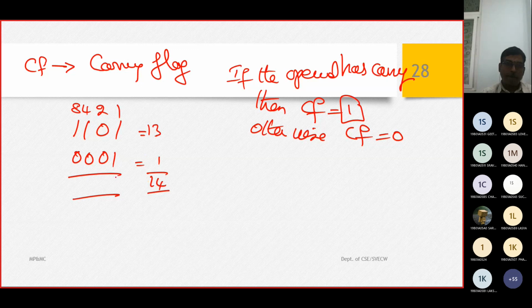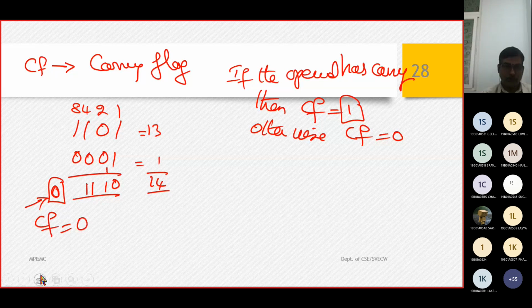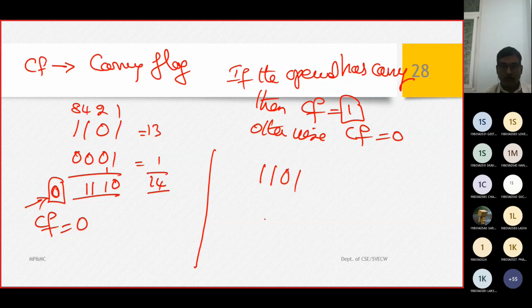Now 1 plus 1 is 0, I have a carry. 0 plus 1, 0 plus 0 is 0, 0 plus 1 is 1. Now carry flag is equal to 0. There is no carry.